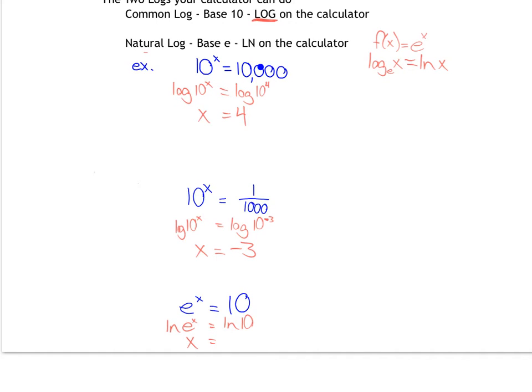And since we can just plug that into our calculator, hit the ln of 10, we would get 2.302585 and so on. So we would say that's approximately 2.30 if we round it to 3 significant figures.